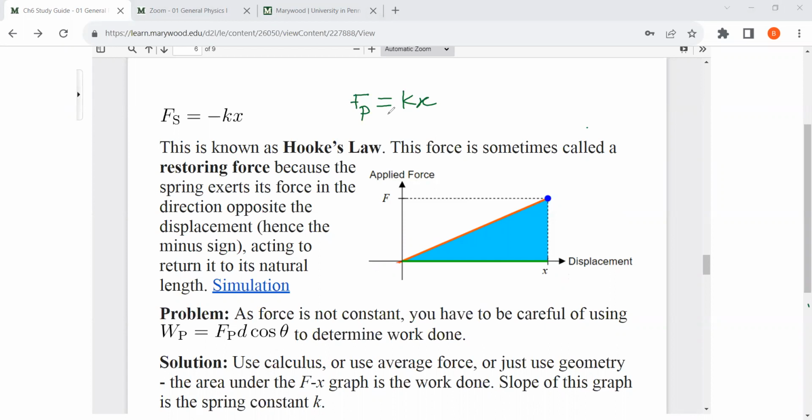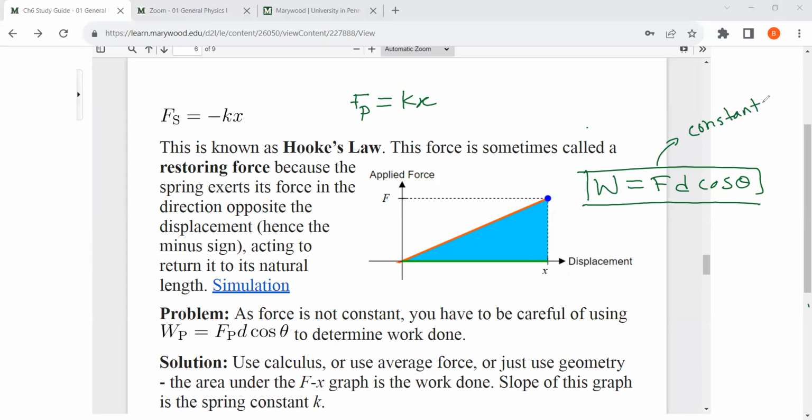Now, the problem here is we cannot use the equation for work done, because it is valid only for constant force. If we want to use it for Hooke's law, the spring force or the applied force on a spring, we have to use calculus, integration.